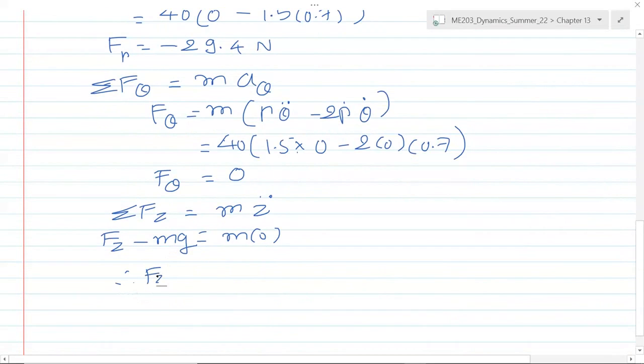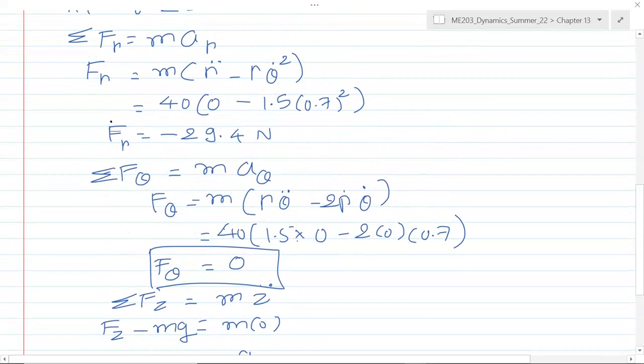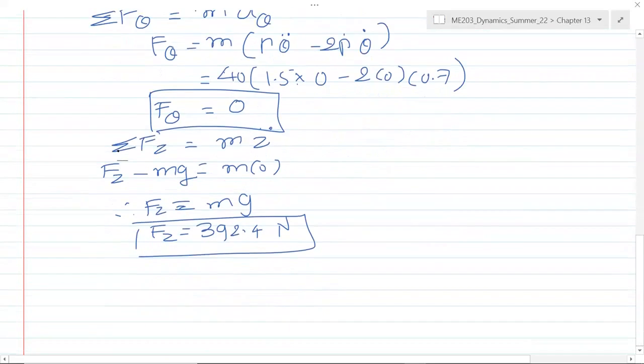That means Fz is equal to mg, it just moves to the other side. That's 392.4 newtons, which is 40 multiplied by 9.81. Okay, so these are the three components of the normal force that we have solved for: Fr, F theta, and Fz.